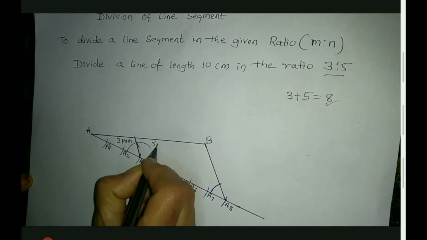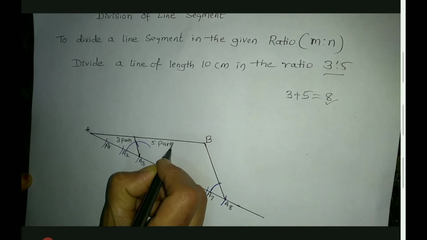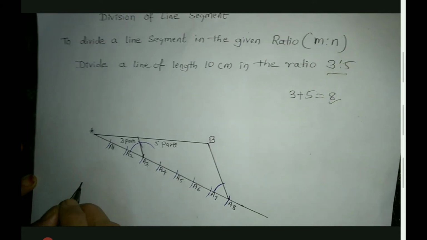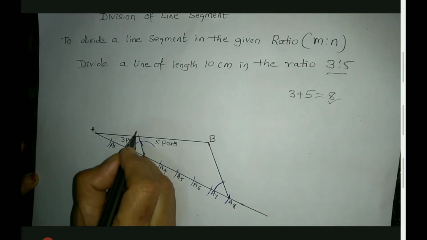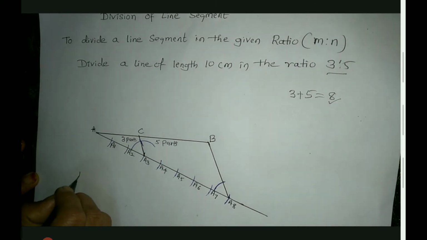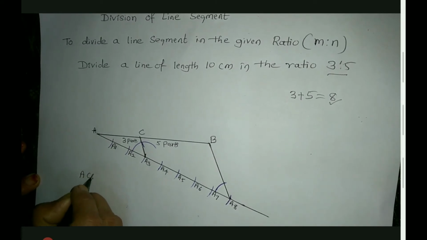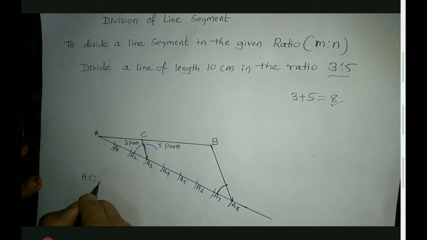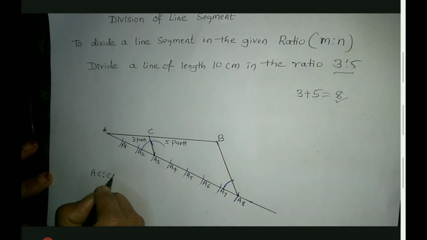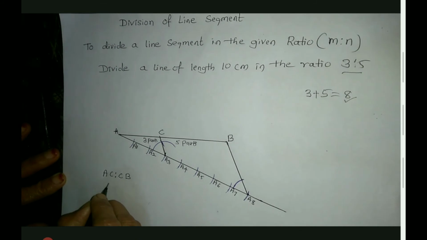This is 5 parts. 3 parts and 5 parts. And you know that this is a point C, and AC is to CB is 3:5 here.